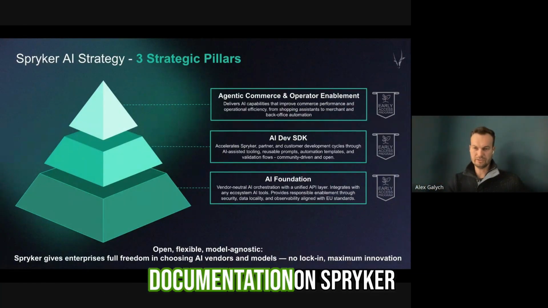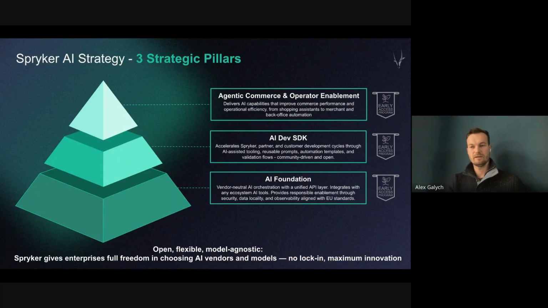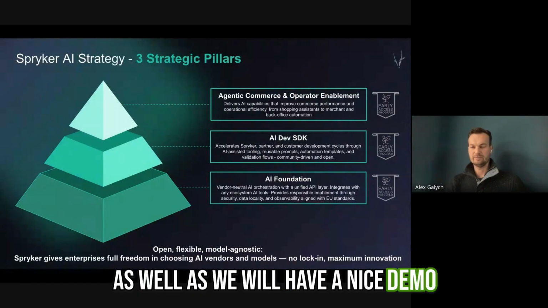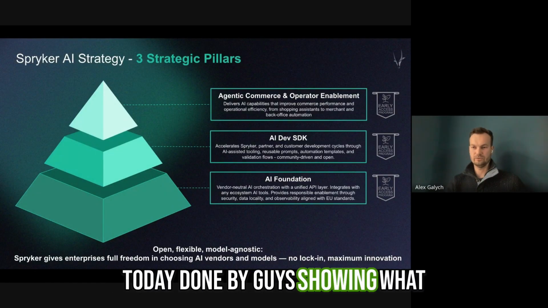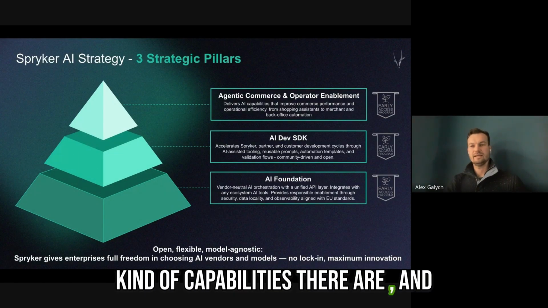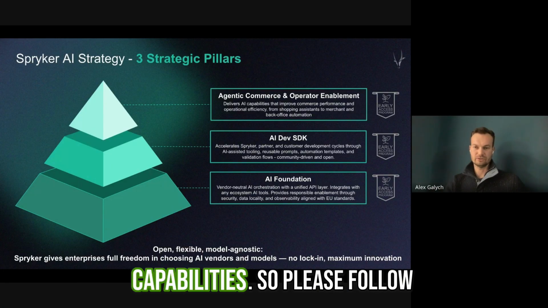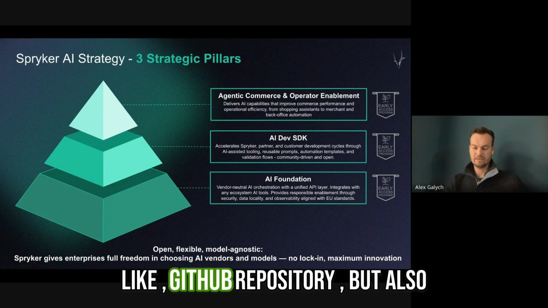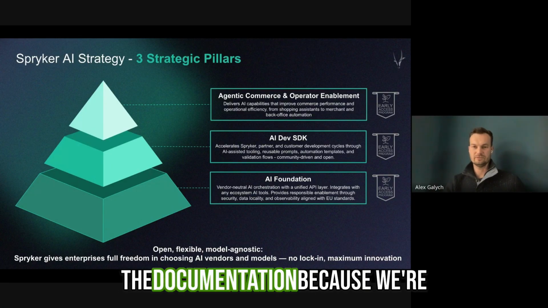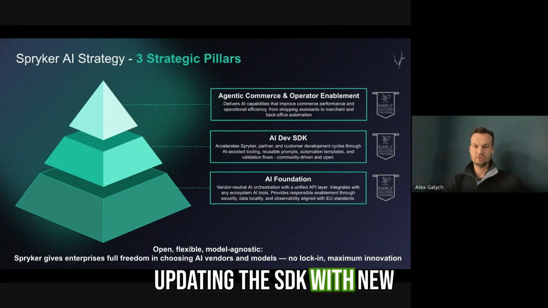There's also documentation on Spryker documentation, and we will have a nice demo today by the guys showing what kind of capabilities there are. And we are also actively adding capabilities. So please follow the GitHub repository, but also the documentation. We're constantly updating the SDK with new capabilities.